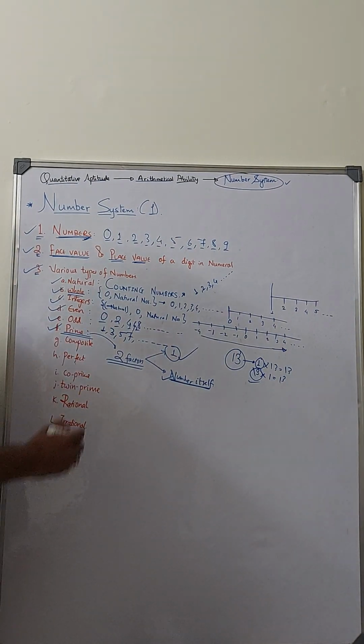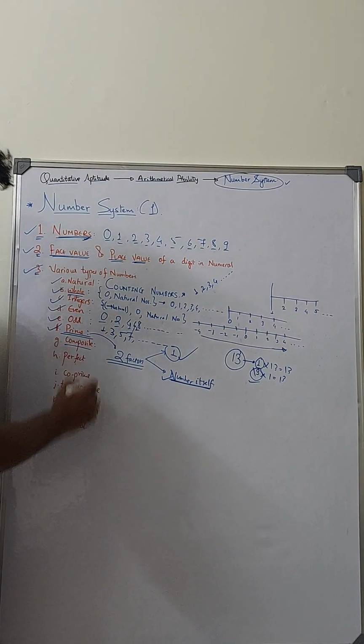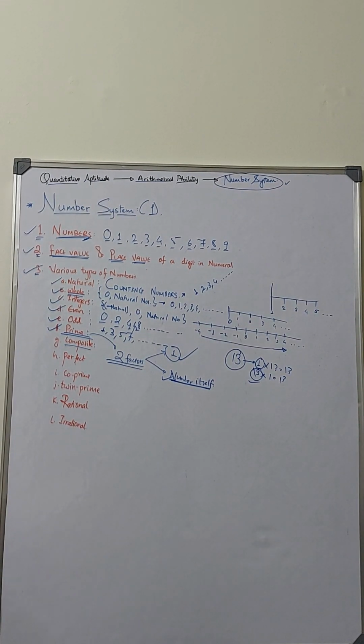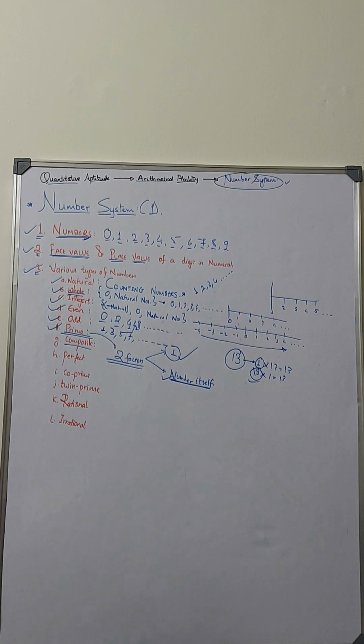Now let's move towards this set of numbers, that is composite numbers. So what are composite numbers? Till now we saw various types of numbers. We saw whole numbers, natural numbers, integers, even numbers, odd numbers, prime numbers, and now we move towards the composite numbers.